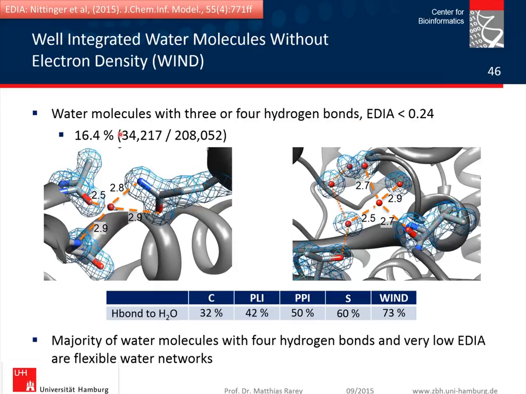So low EDIA values with these water molecules, a situation like this here, where we also don't know why the water molecule might not be here at all, because it can form 4 nearly perfect hydrogen bonds at these places. Sometimes we see water molecules in these water clusters, and these are highly resolved at some point. Some of them are missing, which might be a result of the flexibility we have in this water cluster over here.